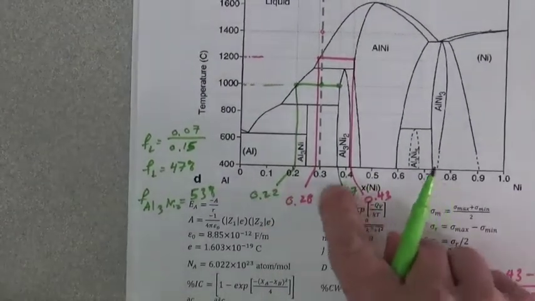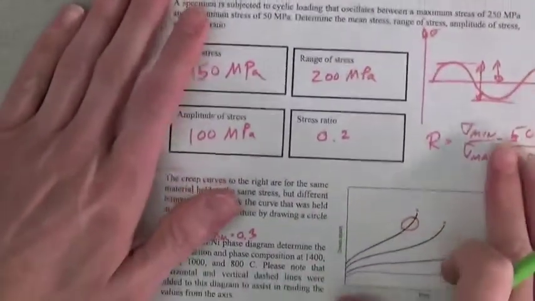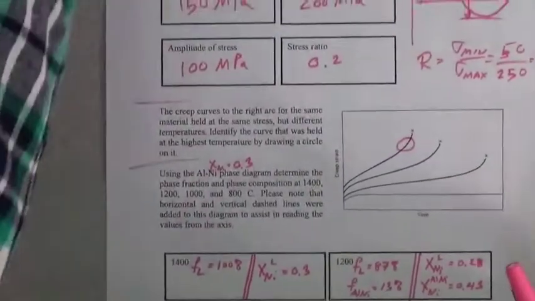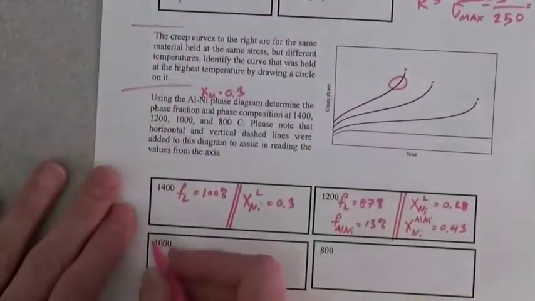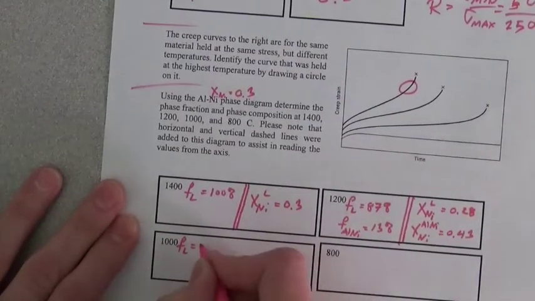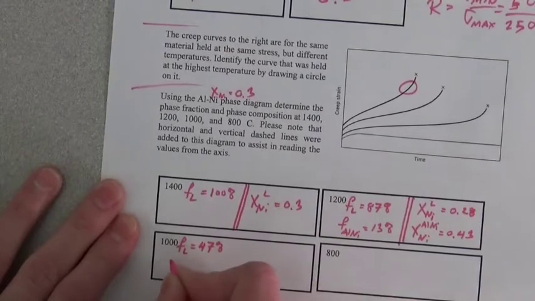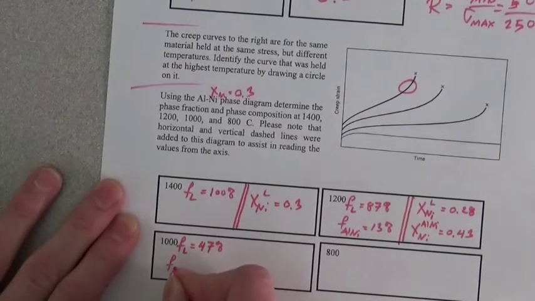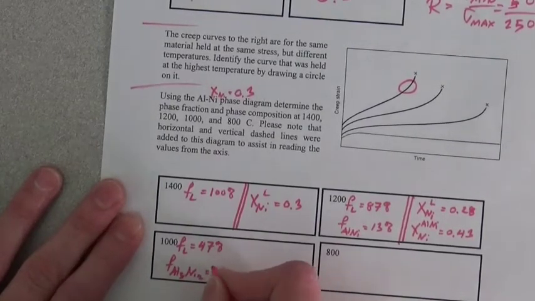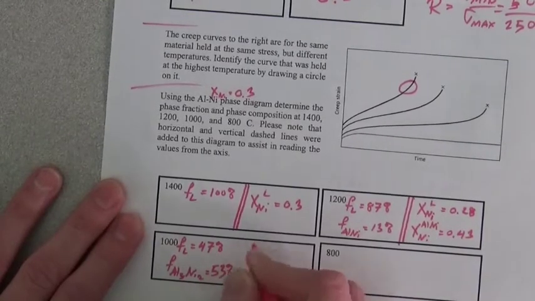And we have compositions identified, so we can write our solution in here at 1000. At 1000 we have fraction of liquid is equal to 47%. Fraction of Al3Ni2 is equal to 53%.